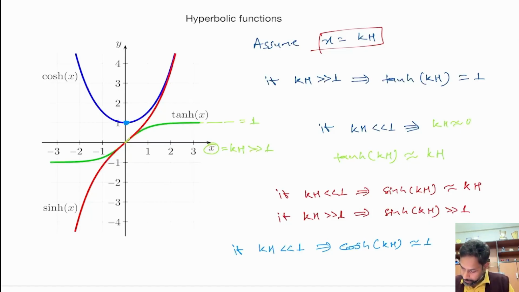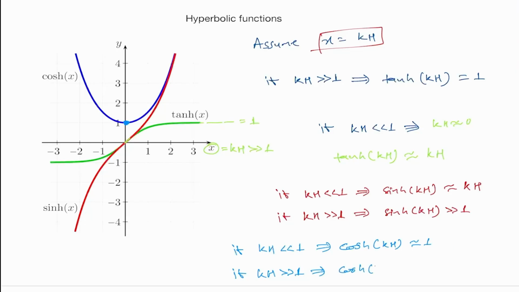And if kh becomes much greater than 1, in that case you can see cosh of kh becomes equal to sinh of kh, right? That you see in this region. When kh is much greater than 1, cosh becomes equal to sinh, and the same thing probably applies here.